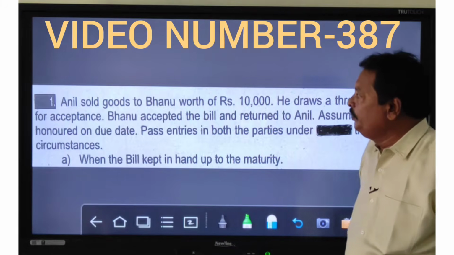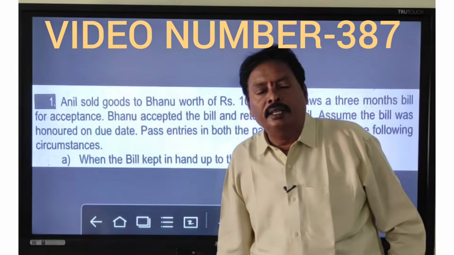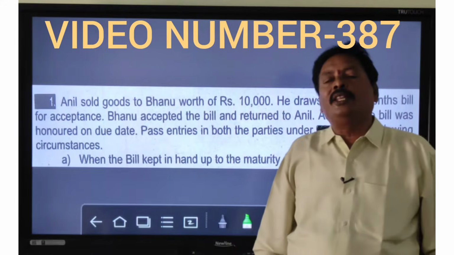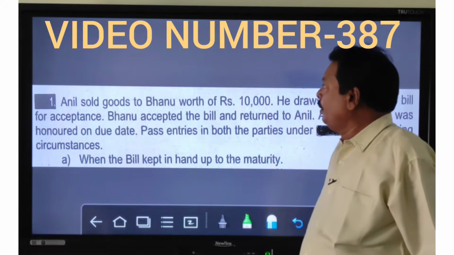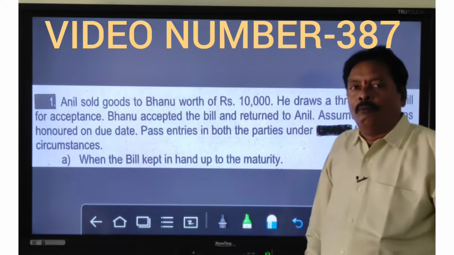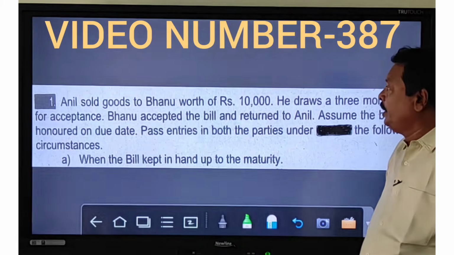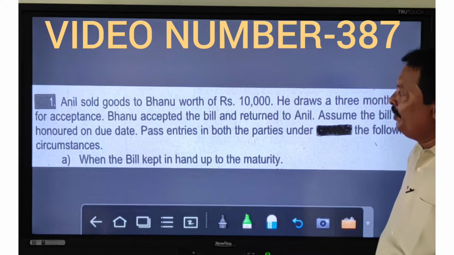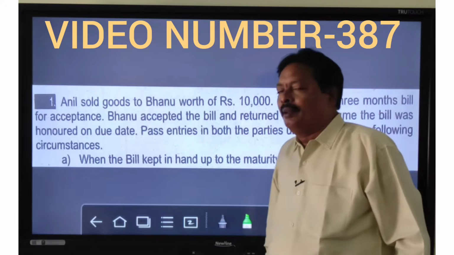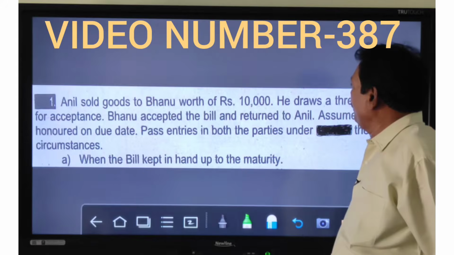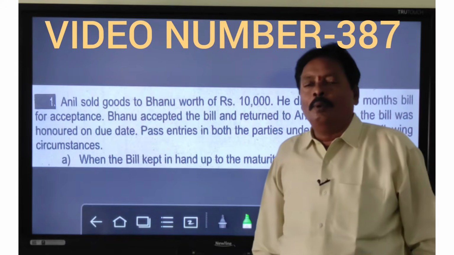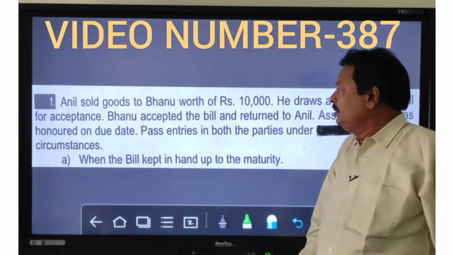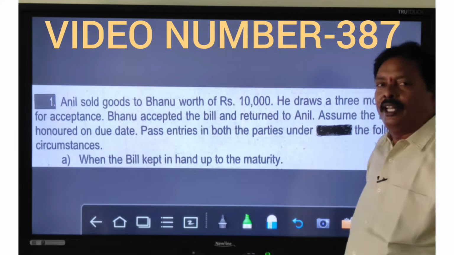Here in this problem, Anil is a trader. He sold 10,000 worth of goods to Banu. For getting back that amount, he draws a 3 months bill on Banu for his acceptance. Banu accepted the 3 months bill for 10,000 rupees.